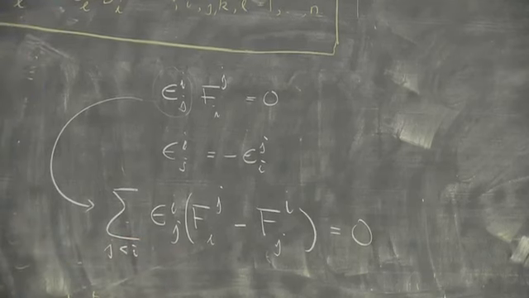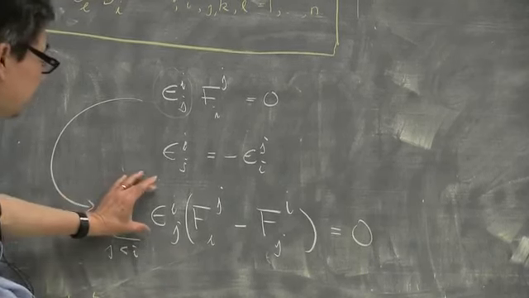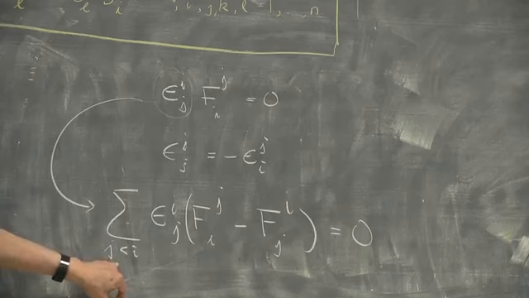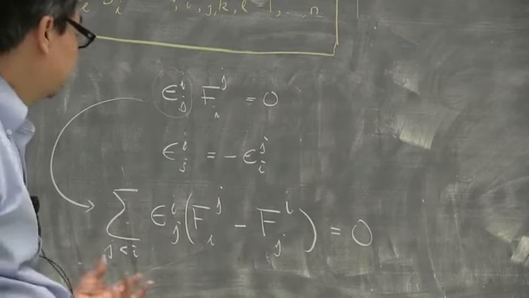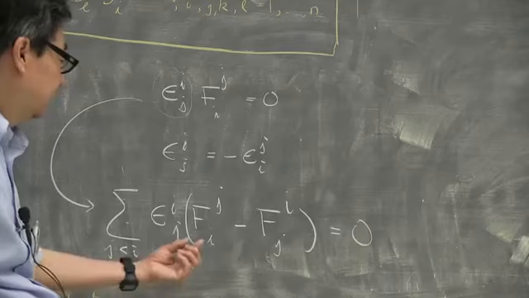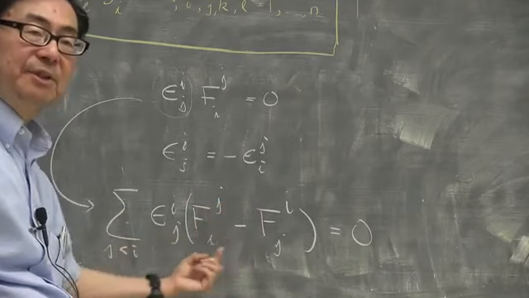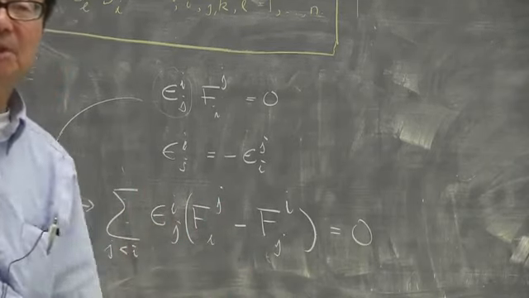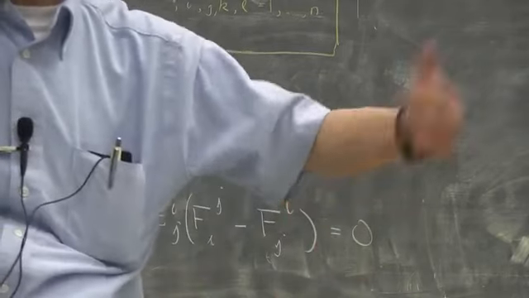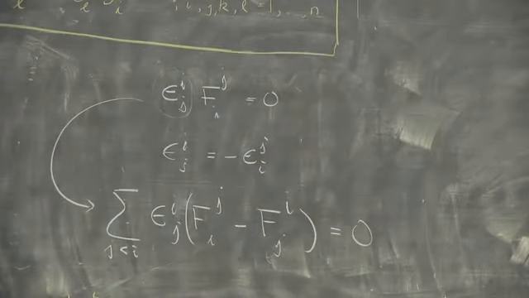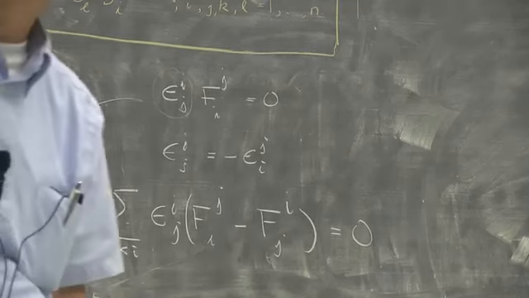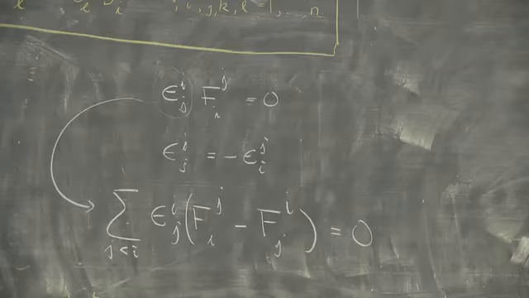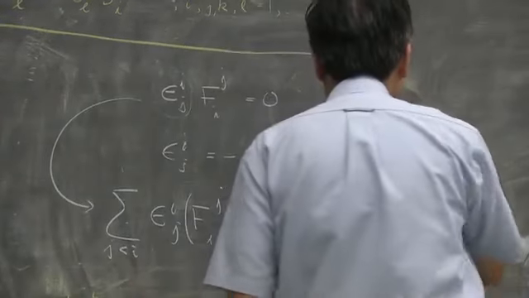Okay? Now, this is a sum over all the independent epsilon ij's because j is less than i. Those are all the independent ones. And so what that tells you is that for any particular value of i and j, this thing within the parentheses must be equal to 0 because all the epsilons are independent. In other words, this implies that fij is also equal to fji.